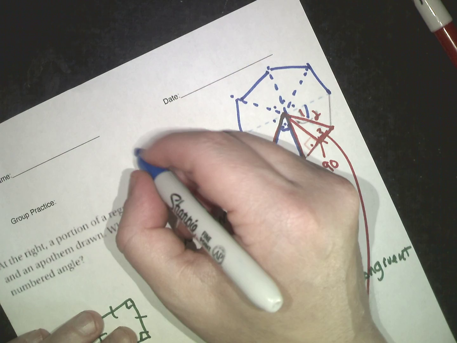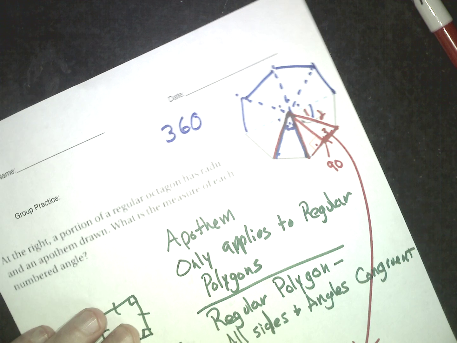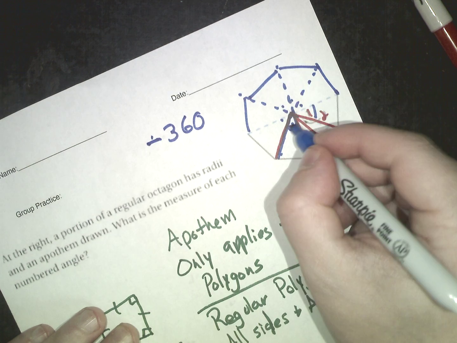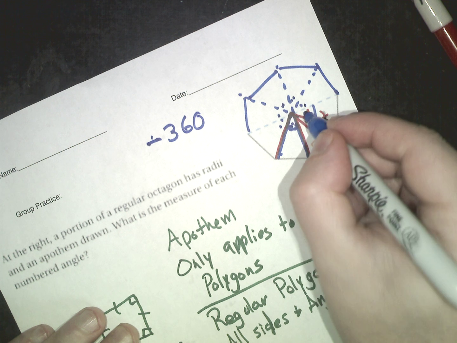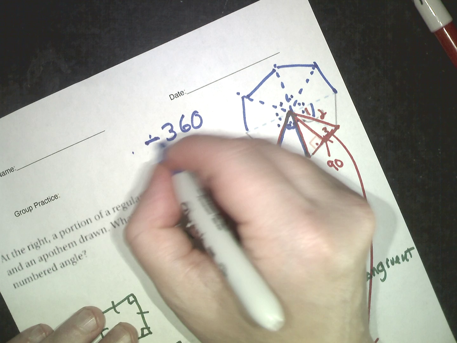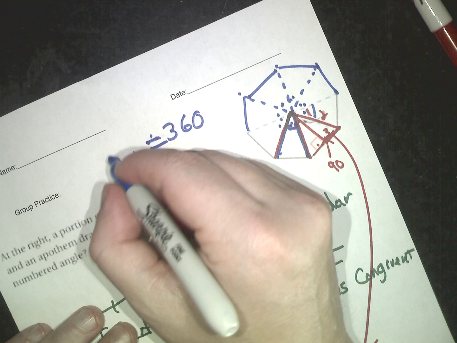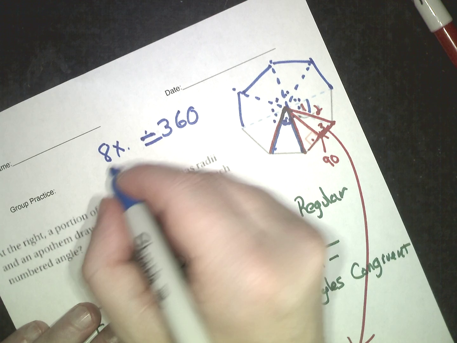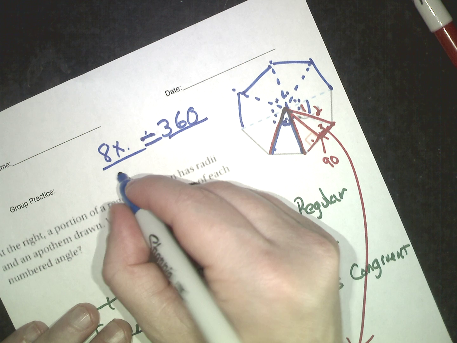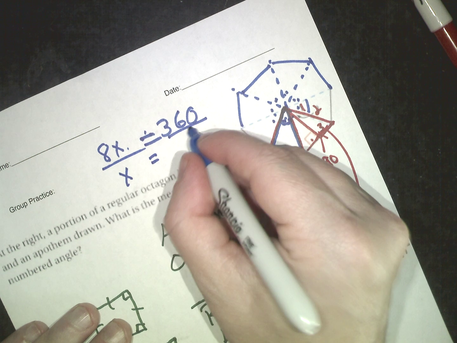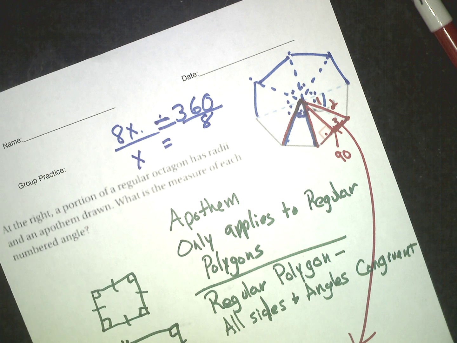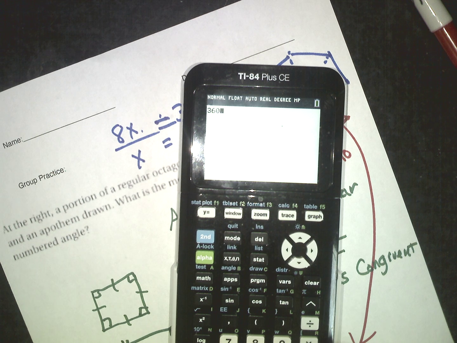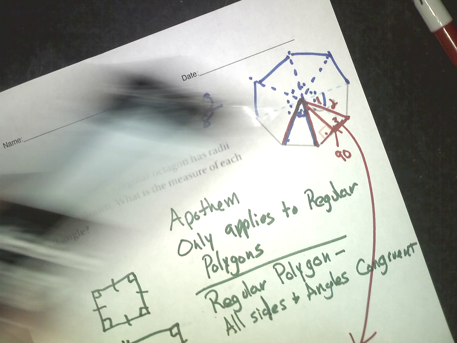So if they add up to 360, how many are in the octagon? Well, there's 8 of them: 1, 2, 3, 4, 5, 6, 7, 8. So I'm going to say 8 times x equals 360. x equals 360 divided by 8, which is 45.